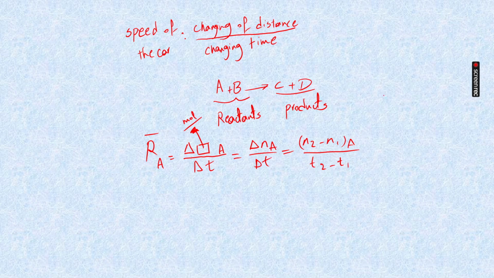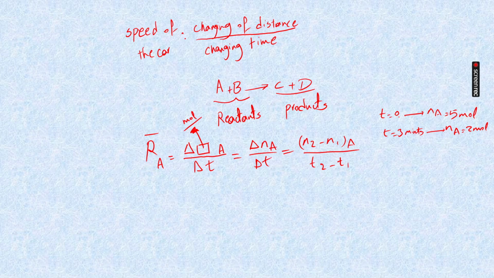For example, at T0, the mole of A is 5 mole. After, for example, 3 minutes, the mole for A should be 2 mole.